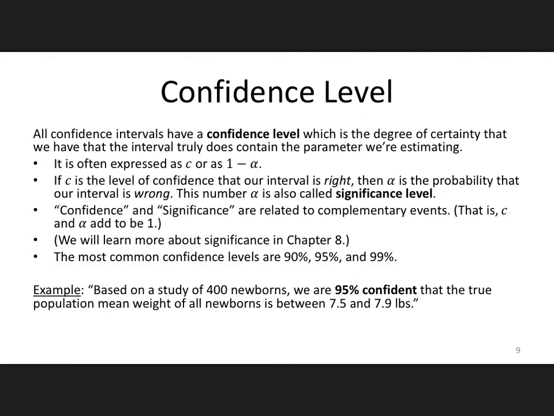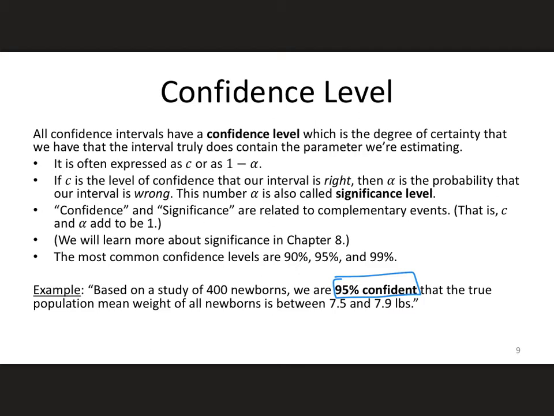The most common confidence levels are 90%, 95%, and 99%. For example, we said that based on a study of 400 newborns, we are 95% confident that the true population mean weight of all newborns is between 7.5 and 7.9 pounds.